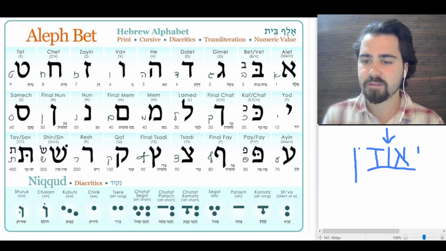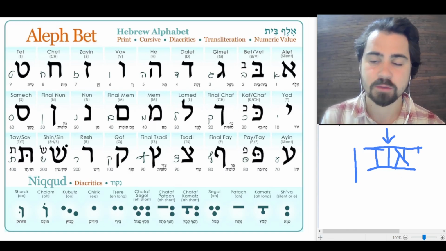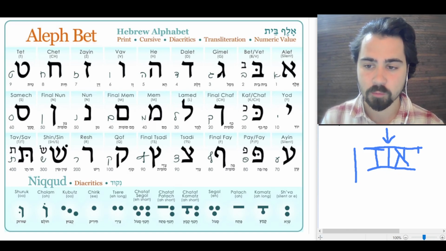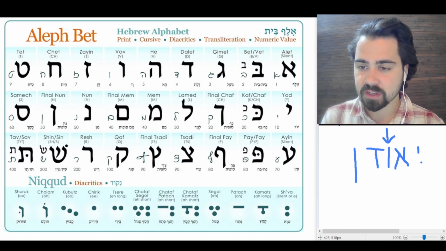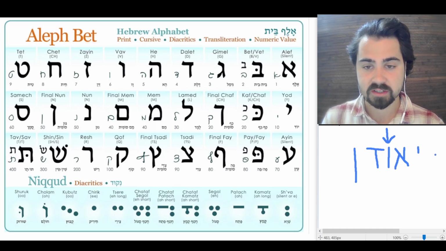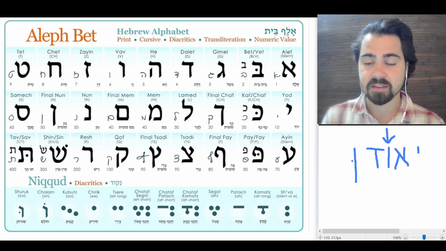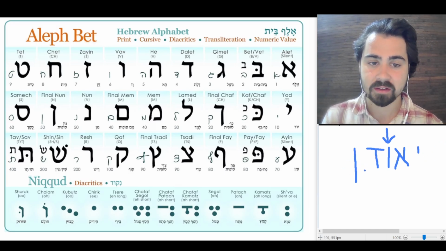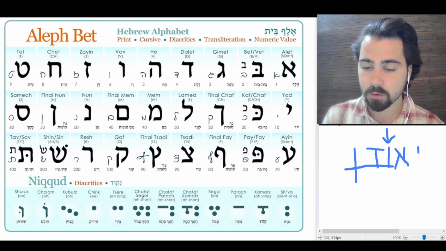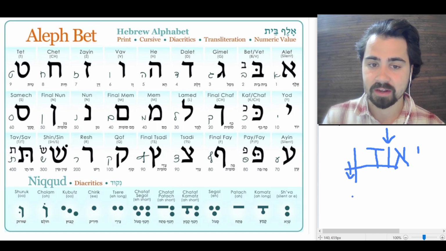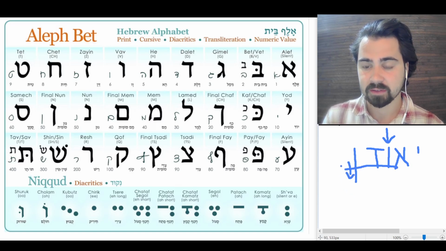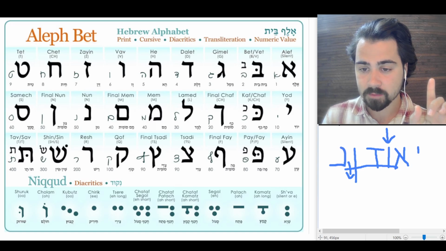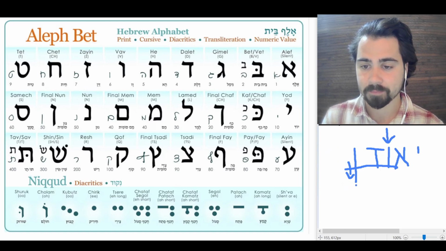So only the vav is in the normal size of the line that you will get in a notebook, for example. The yud is a really small letter, the smallest, and the nun is a final letter, so it goes under the line, like all other final letters, except for mem, which is just a box, final mem.